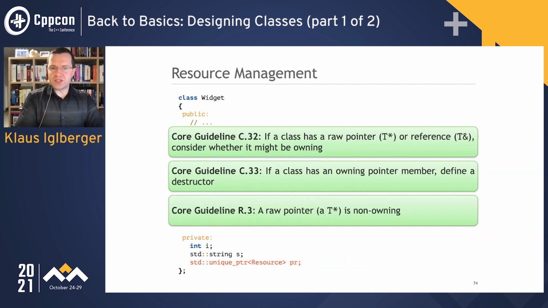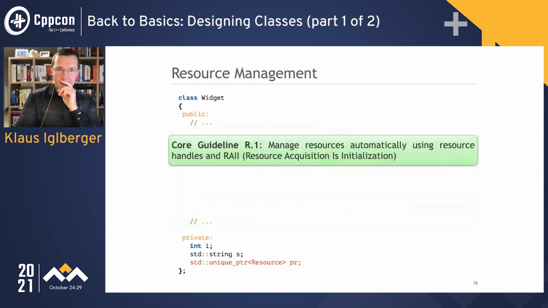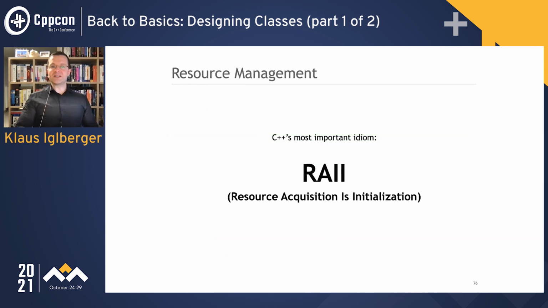And so we probably should switch to a unique pointer, something that from code alone makes it easy to see that there is ownership involved. The code is suddenly self-documenting. So what I've just reached now is the most important resource guideline that we have: manage resources automatically using resource handles and RAII, which of course is short for resource acquisition is initialization.